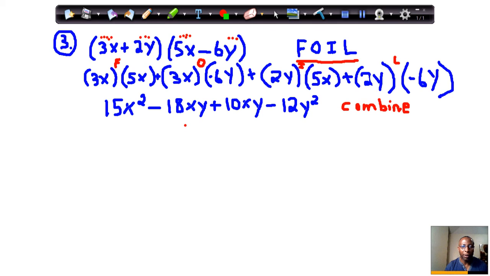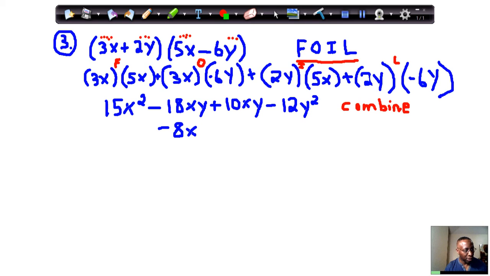I want to use blue; red is for my correction. So you're going to have a negative 8xy. I'm just doing this one first.